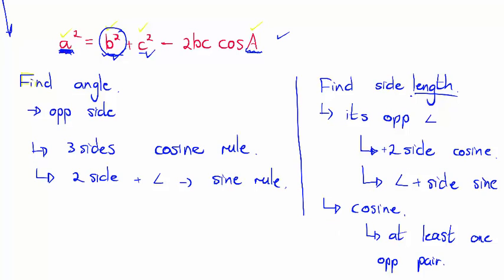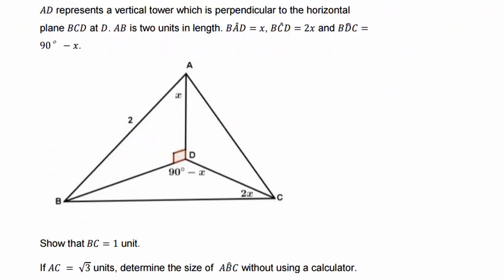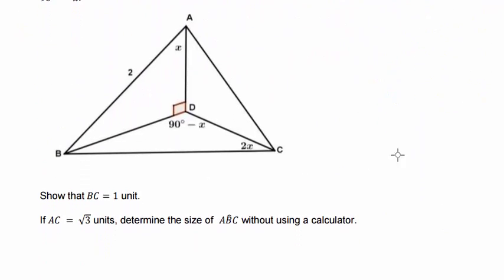So look at this question, for example. In which triangle can you see at least one opposite pair? In other words, you know the side length and you know the angle. Angle ABC.